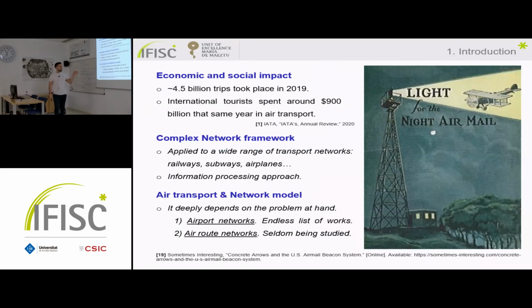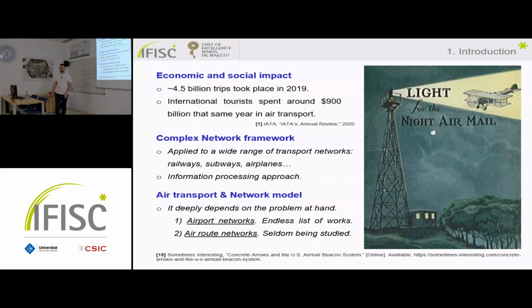According to the International Air Transport Association, around 4.5 billion trips took place in 2019. So air transport is a complex system of huge economic and social impact. We have analyzed this system using the complex network framework, in a similar way to how this has been used in other transport networks.